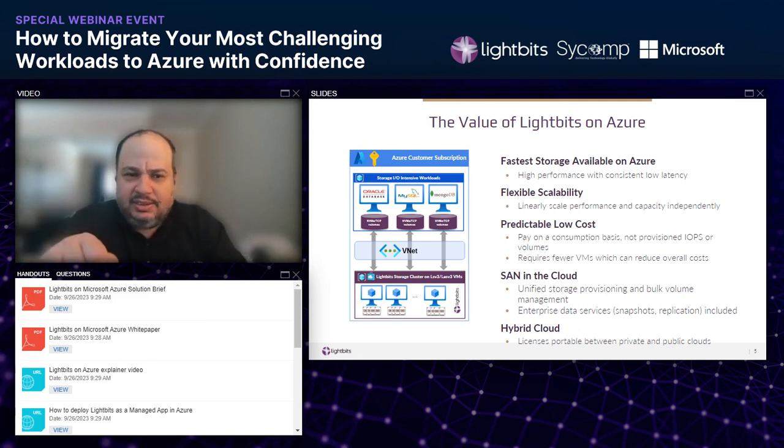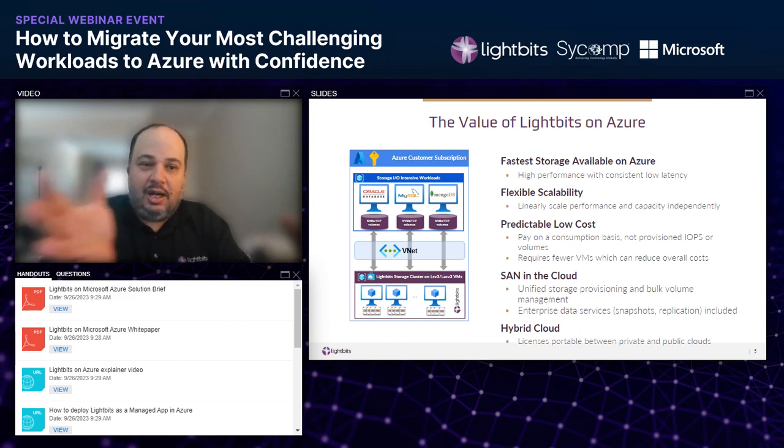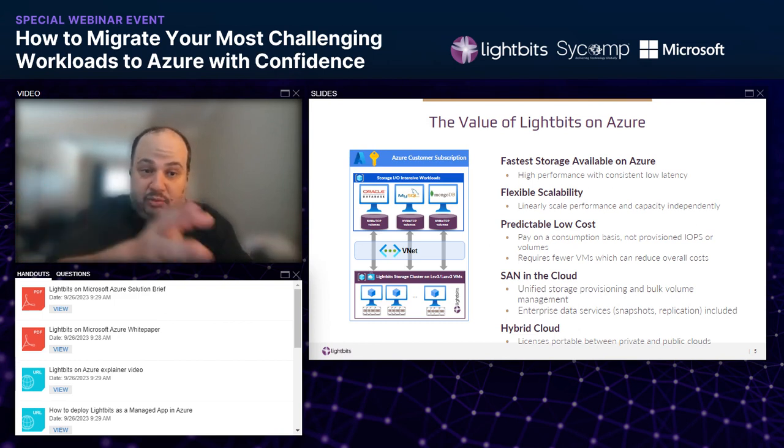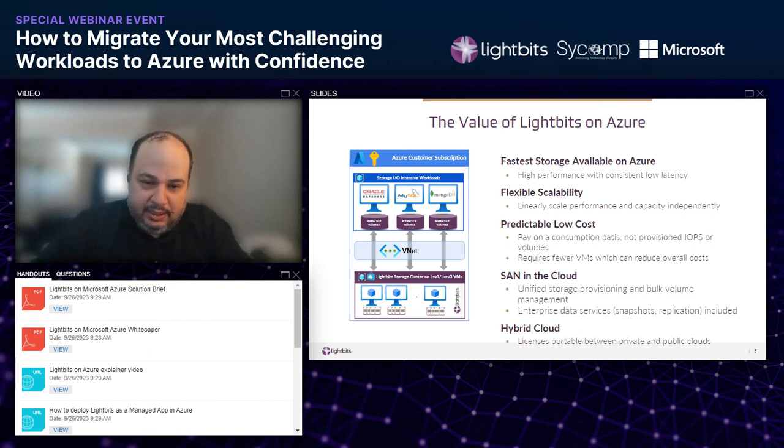And last but not least, as I was referring to with an example during our roundtable, the Lightbits license is portable. We have a hybrid license model, which means that you take the license that you have on-prem based on capacity, and you can start using it on Azure as you gradually migrate your workloads to the public cloud.